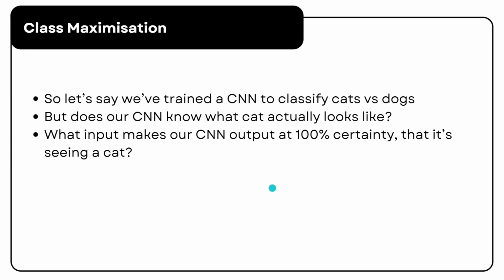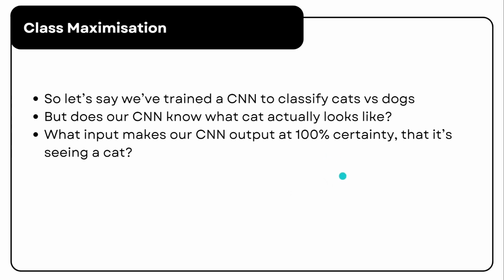In essence, we're trying to generate an image that maximizes the probability of a specific class, like cat or dog, according to the CNN. So, what does the ideal cat or dog look like to the network?